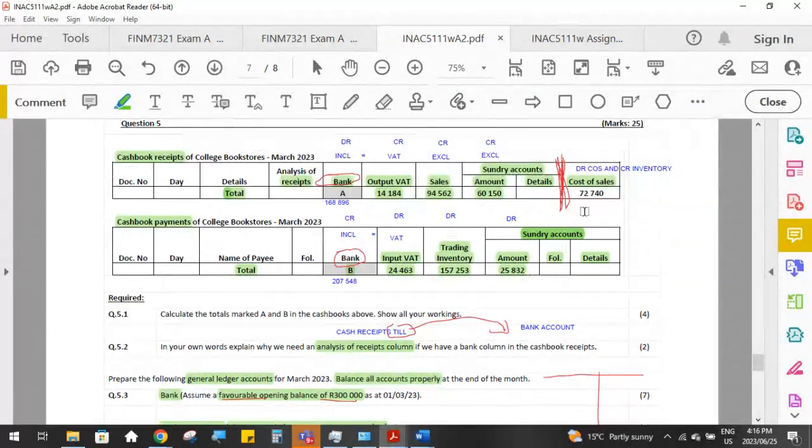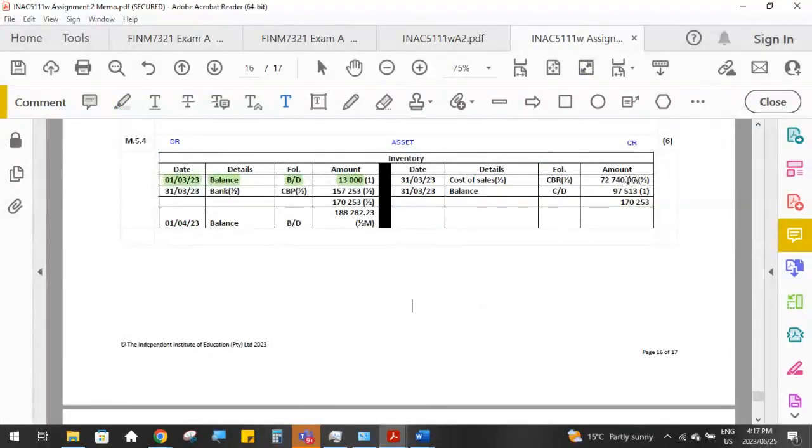affect inventory. So over here in our cash book receipts, we know that the cost of sales gets debited to cost of sales and credited to inventory. So we're going to take our 72,740 and put it on the credit side of the inventory account, indicating that I am crediting inventory with the amount of 72,740.